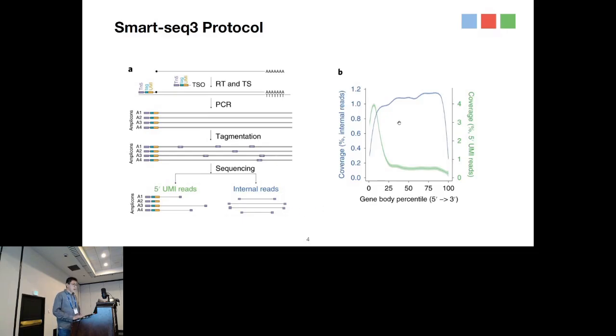This blue curve shows the coverage along the molecule for the internal reads, and you can see they cover the entire molecule quite evenly. The green curve shows the coverage along the molecule for the UMI reads, and not a surprise, they are concentrated on the 5' side of the molecule.